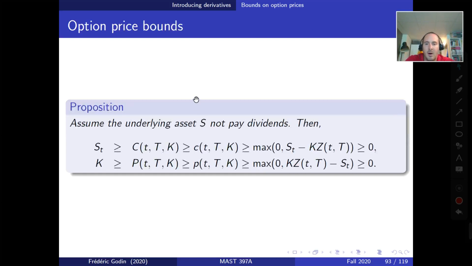Now let's assume that the underlying asset does not pay dividends until the maturity of the option. Then we have the following result.